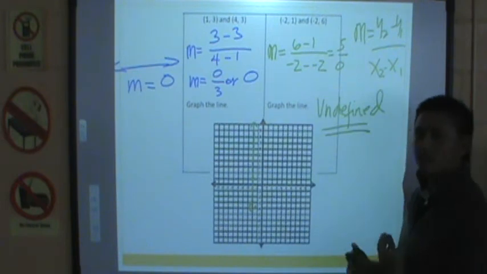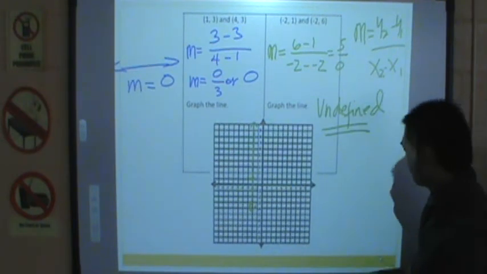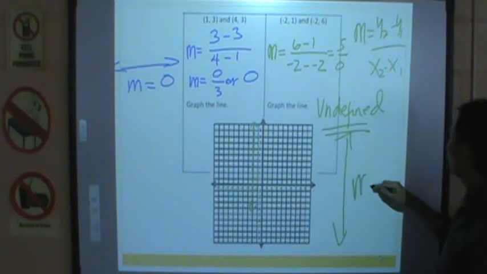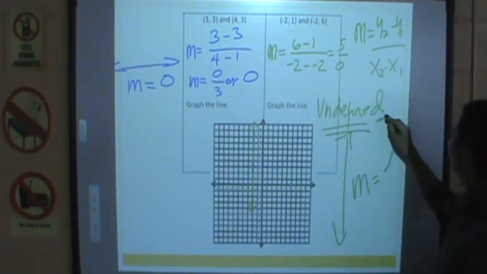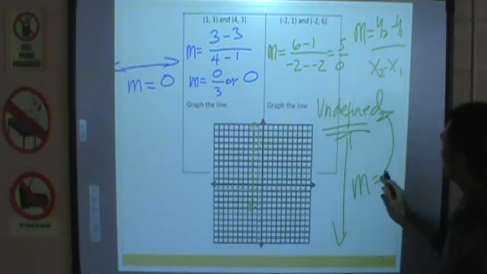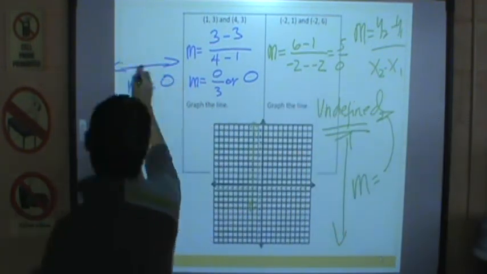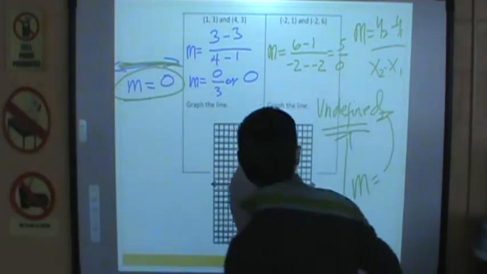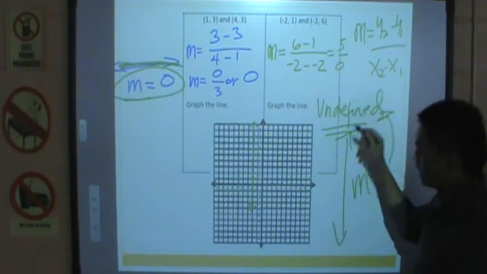Undefined is when you divide a number by 0. So for a vertical line, the slope is undefined. For a horizontal line, the slope is 0, while for the vertical line, the slope is undefined.